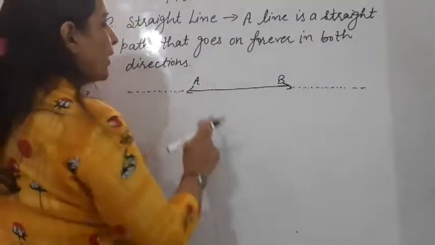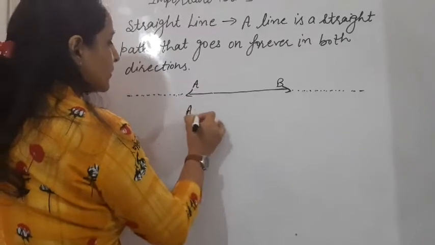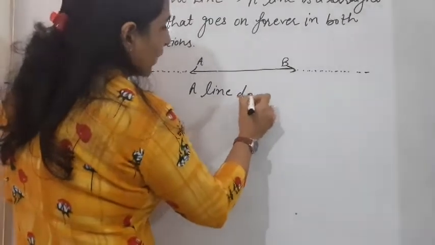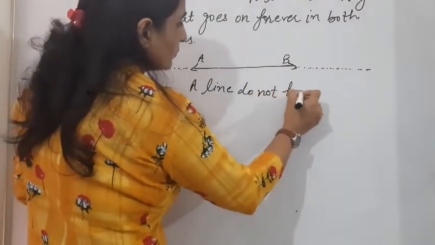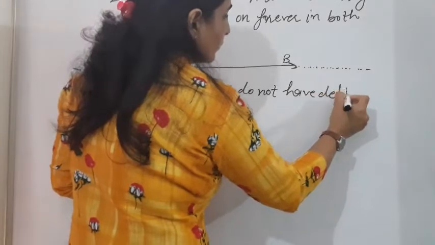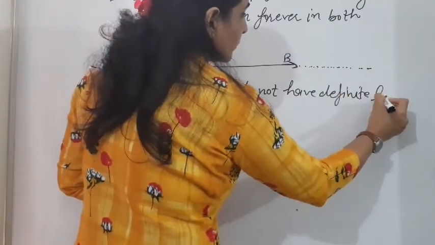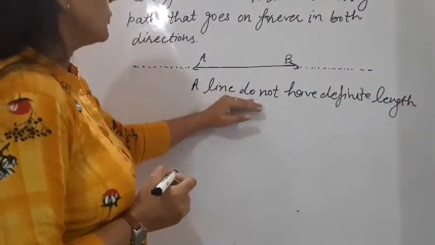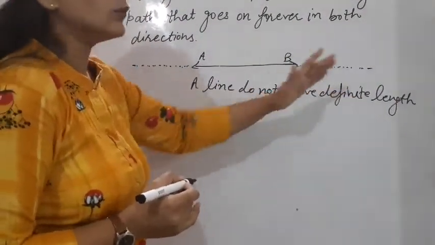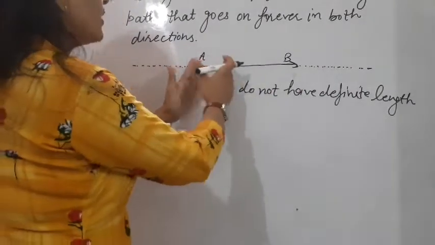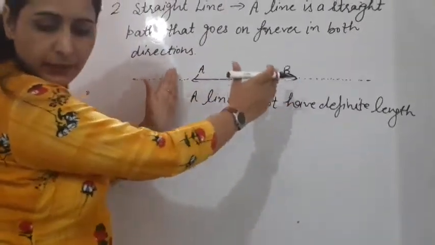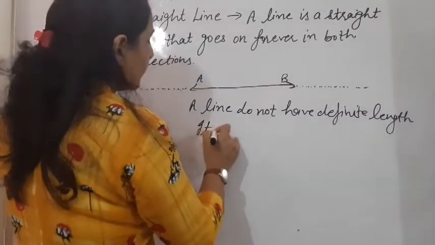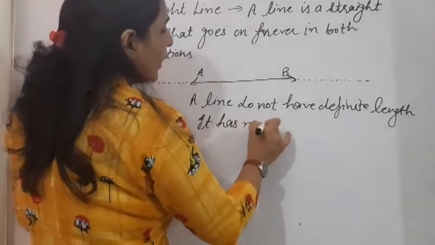Now here is one point regarding it. A line does not have a definite length, or we can say that we cannot measure it. It has no end point.